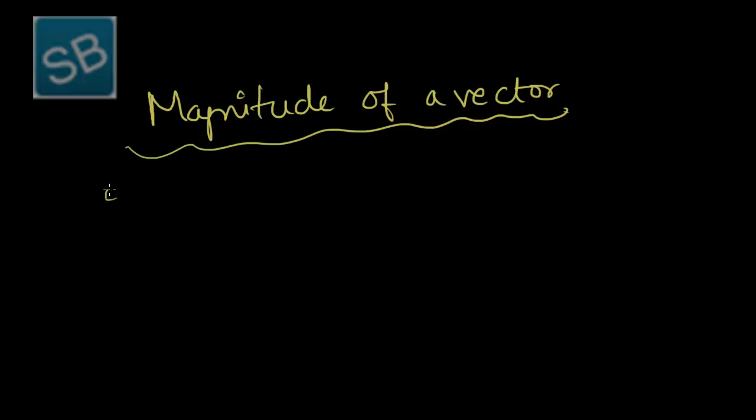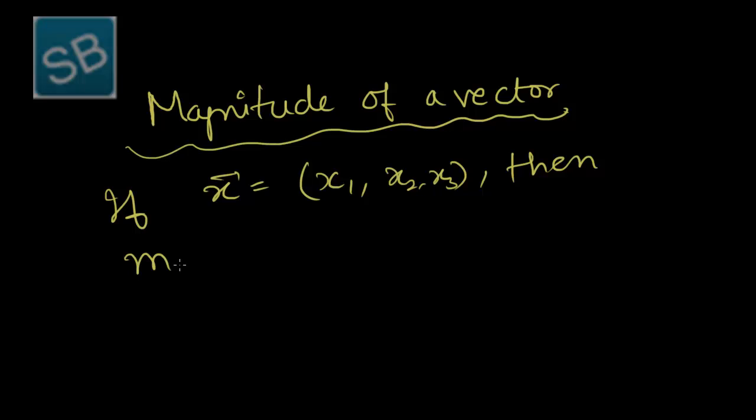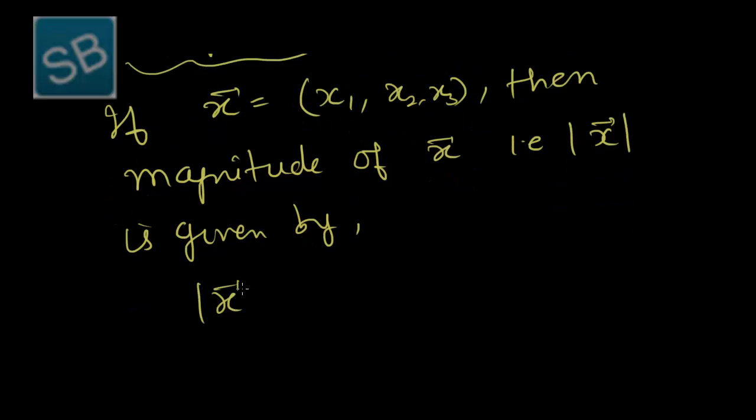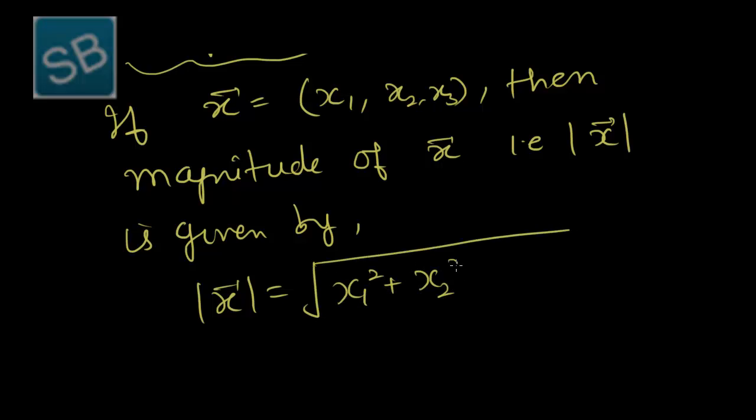If vector x has components x1, x2, x3, then the magnitude of x, denoted by modulus of x, is given by the square root of x1 square plus x2 square plus x3 square.